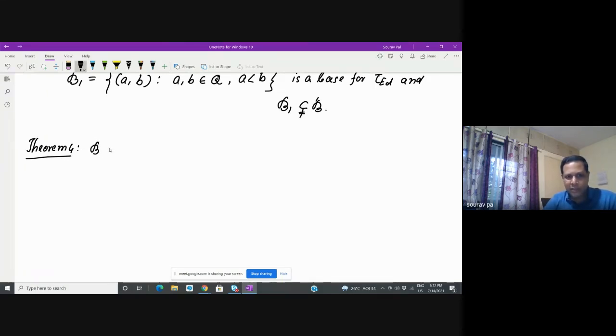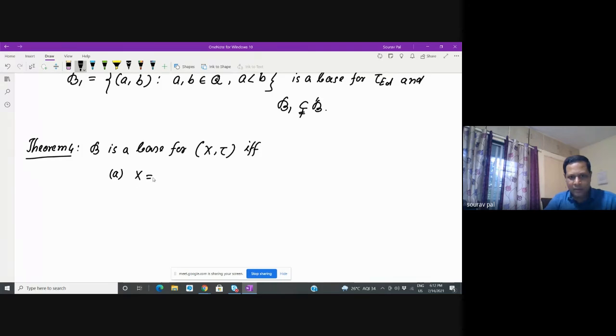So a collection B is a base for a topology, or a base for a topological space, they are the same thing, if and only if two things happen.